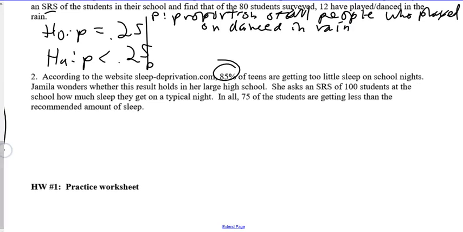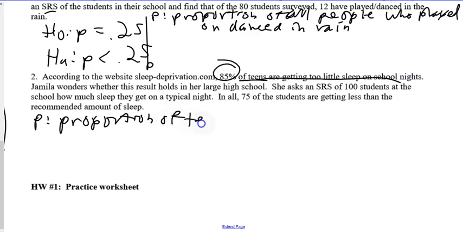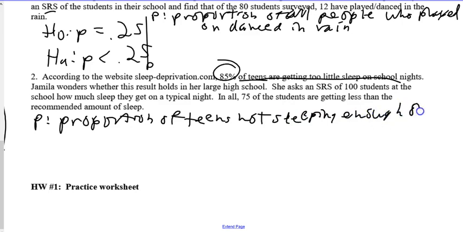So for number 2, we start off by saying the P. And again, same words: it's going to be the proportion, this time, of teens not sleeping enough on school nights. So in other words, that's what we're studying. We're investigating the ones who do not get enough sleep on school nights.